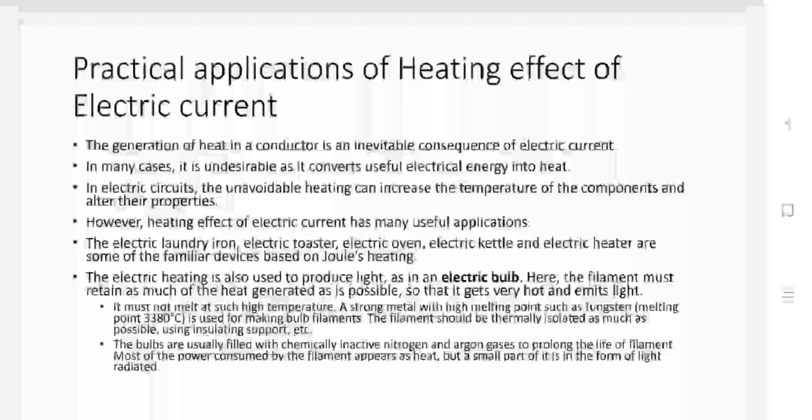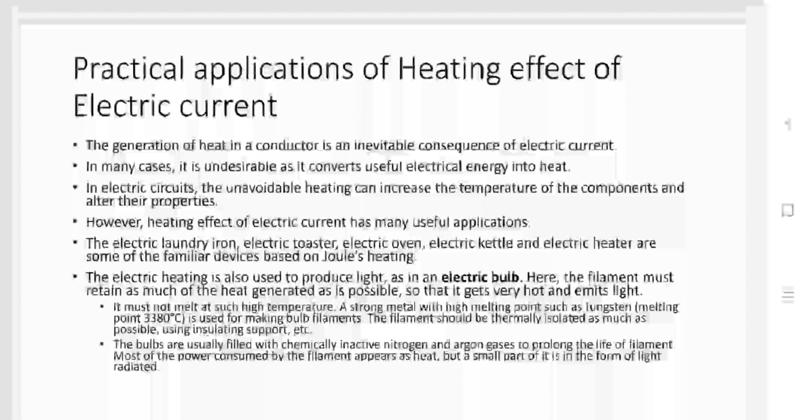It must not melt at high temperature. For that, we use a strong metal with a high melting point, and tungsten is used, whose melting point is 3380 degrees Celsius. So it can sustain larger heat and emit more luminous light, so its light intensity can be higher. So tungsten is generally used for making a bulb filament.